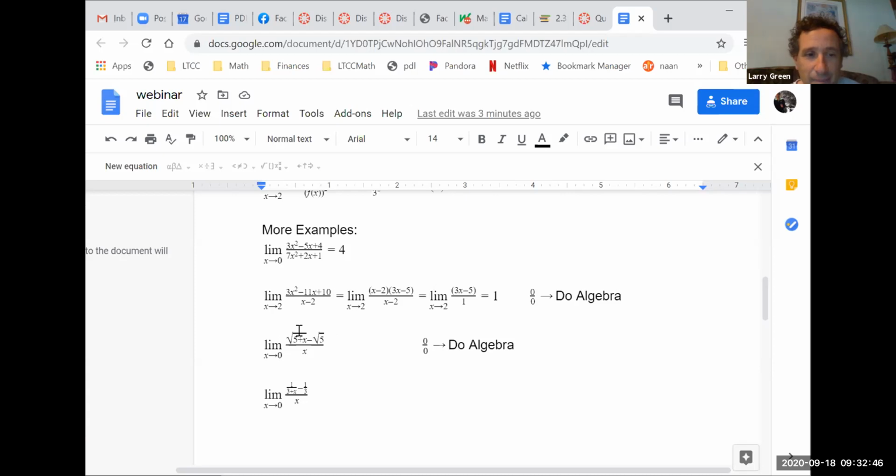So now you've got to remember a little formula from algebra, and again, algebra is really important. That is that A minus B times A plus B. What is that?